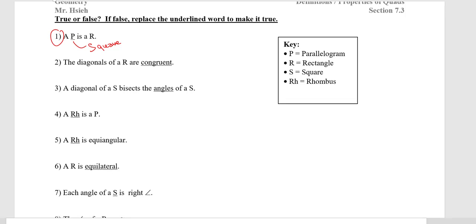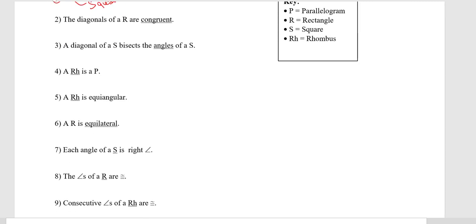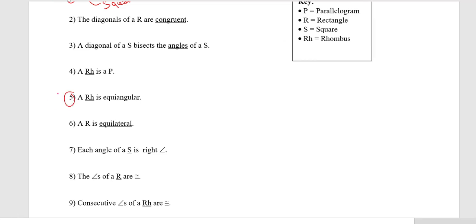So if I look at this sheet here, the next one that's false is number 5. A rhombus is equiangular, and it's not necessarily equiangular, but we know that when it's a square or a rectangle, it would be equiangular, because then all the angles would be right angles.